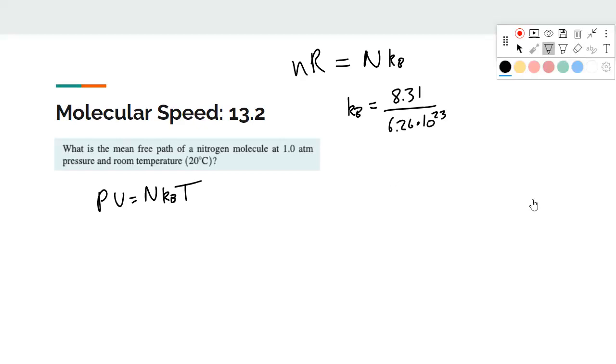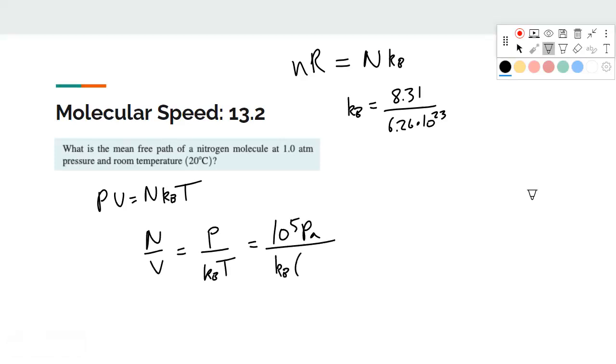But anyway, we can rearrange this ideal gas law to get N over V is P over KBT. They give us the pressure as 1 atmosphere, so that's 10 to the 5th pascals. KB is just a constant, and the T we need to convert to Kelvin, so that's 293 Kelvin.